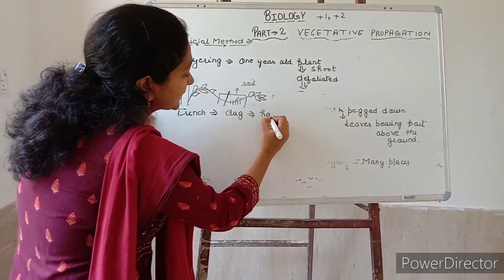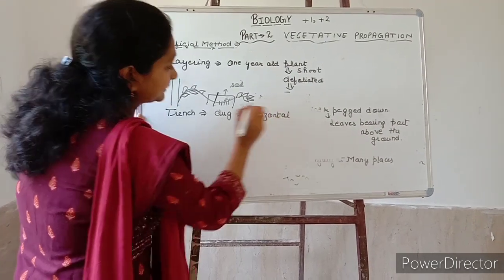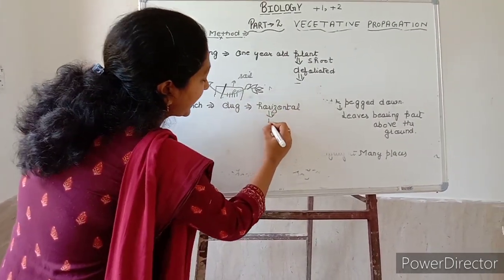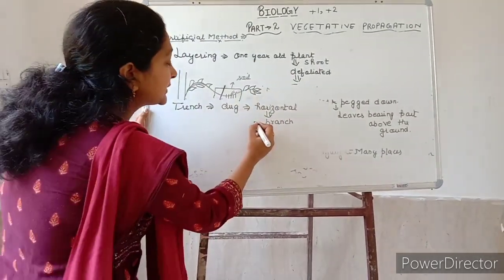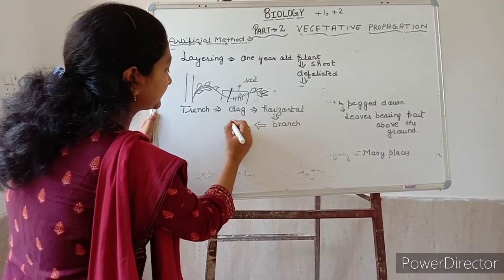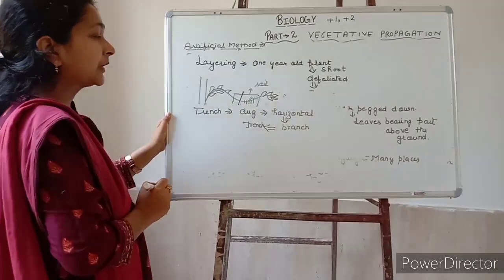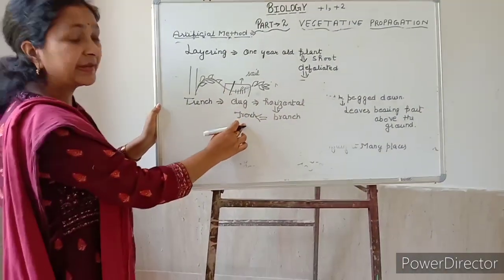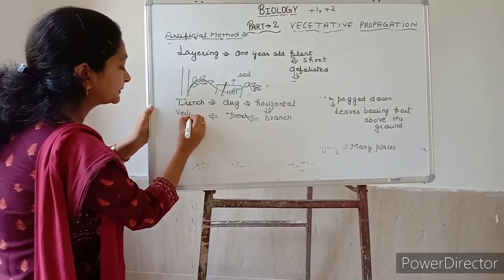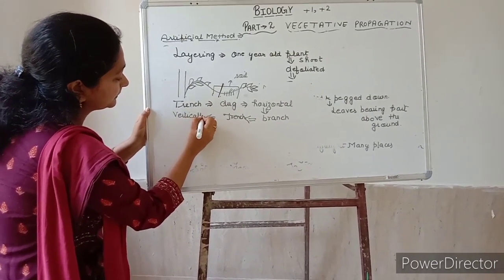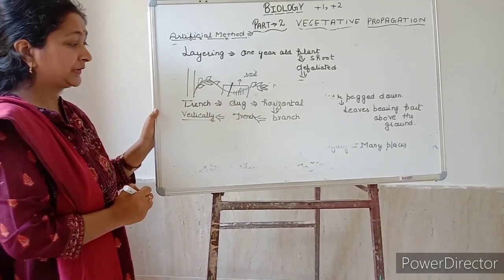Now a branch of the plant is horizontally buried in this trench. After some time, it will produce many shoots vertically and many plants are formed.